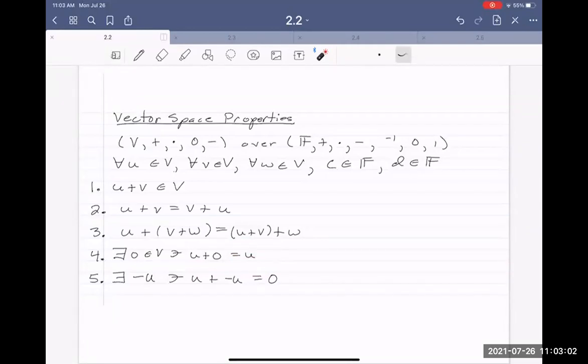And so this is a right additive identity, and by commutativity, it's also a left additive identity. So it's just an additive identity. There exists an additive inverse, so that any vector plus its additive inverse is the additive identity. And again, it'll be both a right and left additive inverse because of commutativity for vector addition.